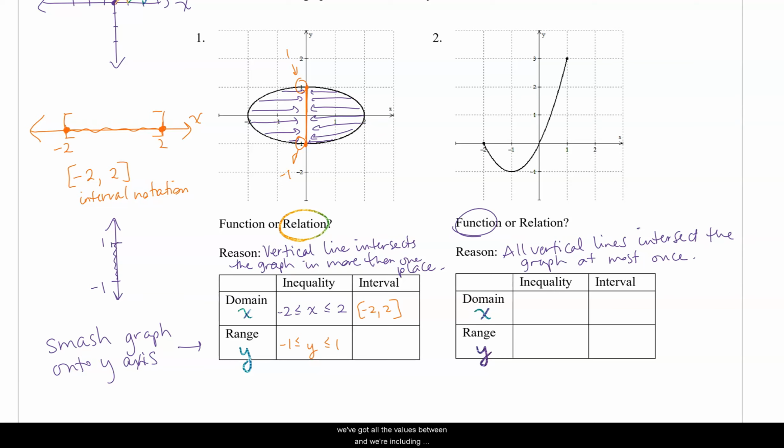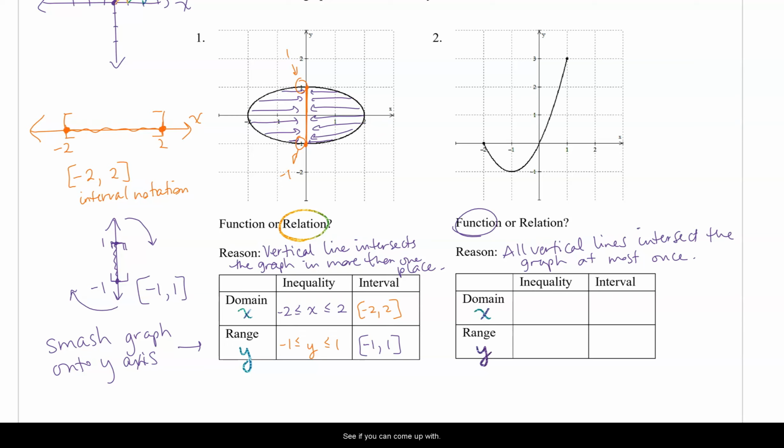We've got all the values between, and we're including those endpoints, either with that solid point or with the bracket. When we write interval notation, we need to rotate this so that the smaller number comes first. Interval notation is always the smaller number and then the larger number. And so we end up with an interval of -1 to 1.